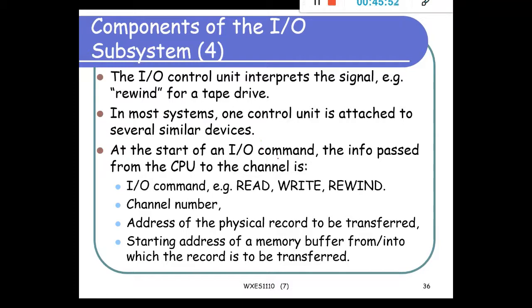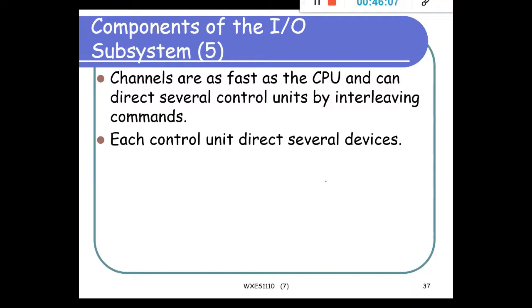At the start of an input output command, the information passed from the CPU to the channel is read, write, or rewind, a channel number, the address of the physical record to be transferred, and the starting address of a memory buffer into which the record is to be transferred. Channels are as fast as the CPU and can direct several control units by interleaving commands.